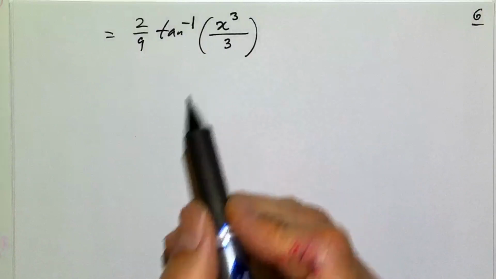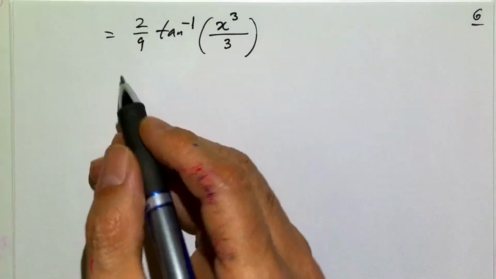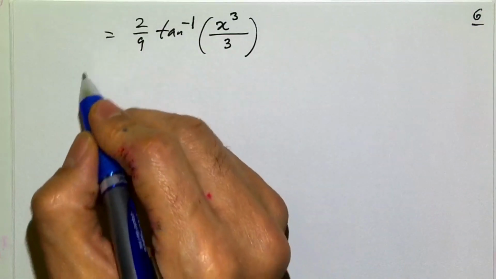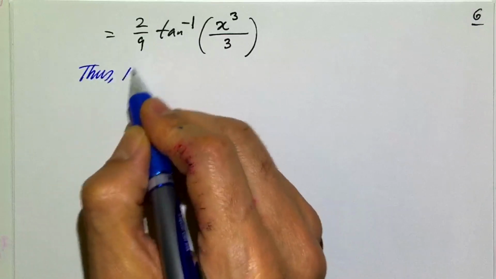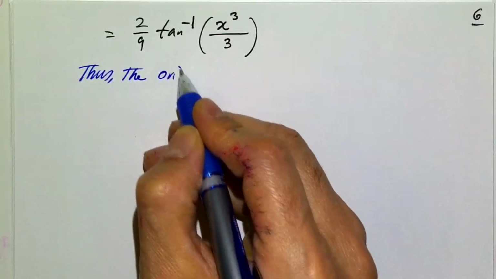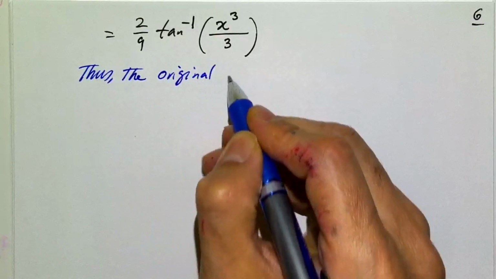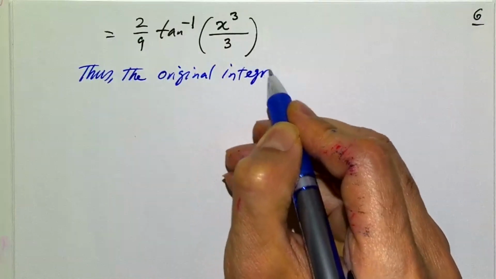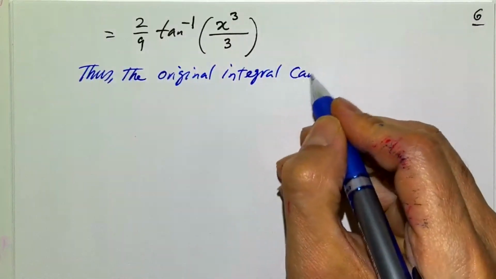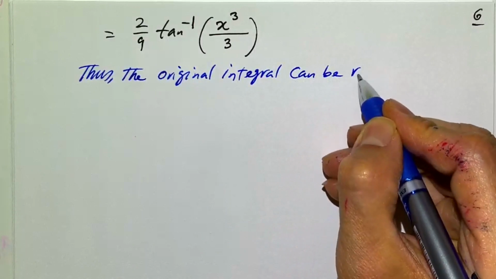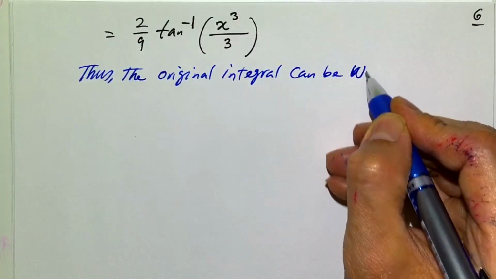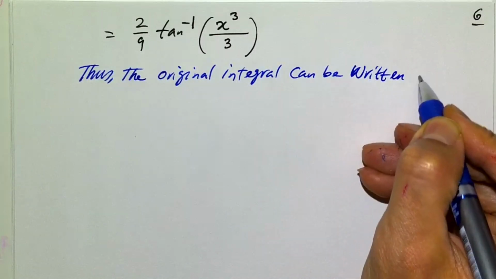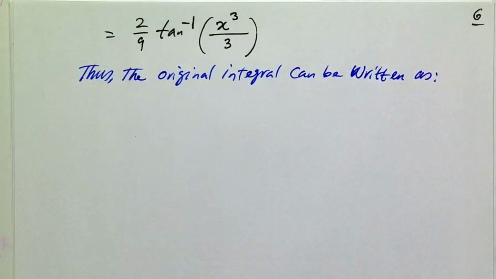Now that we have this, therefore, thus, the original integral can be written as follows.